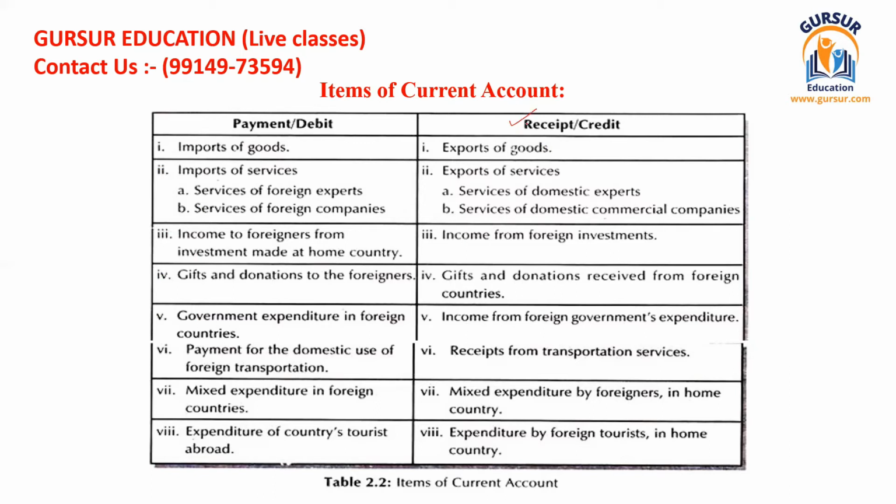If we talk about the receipt side, we can receive money from exporting of goods, exporting of services, income from foreign investment like interest income, gifts and donations, income from foreign government expenditure in our country, receipts from transportation services when foreigners come here, and expenditure by foreign tourists in our country.